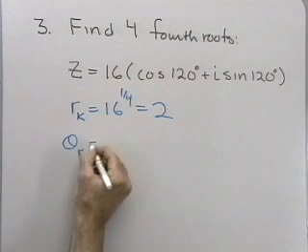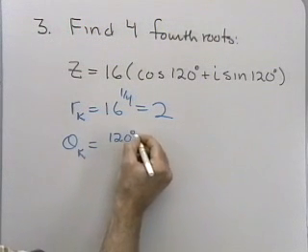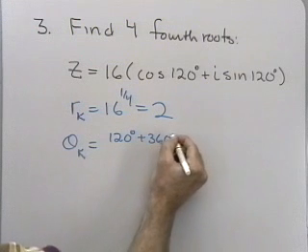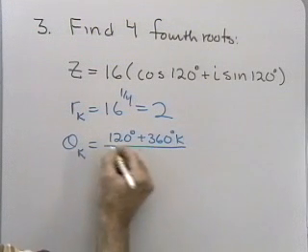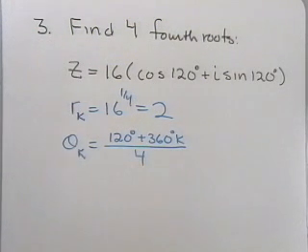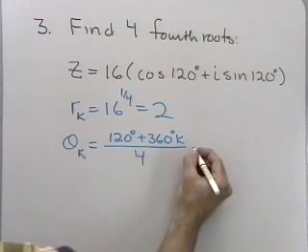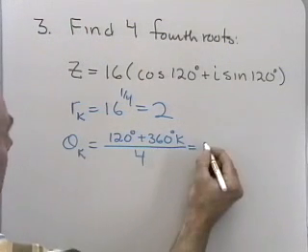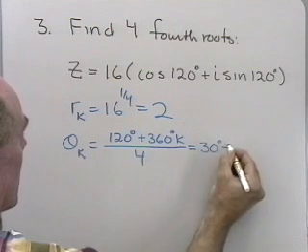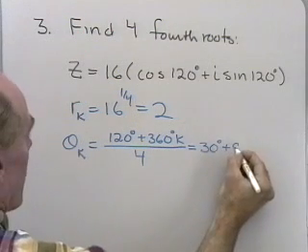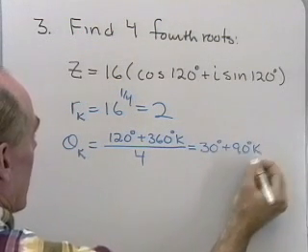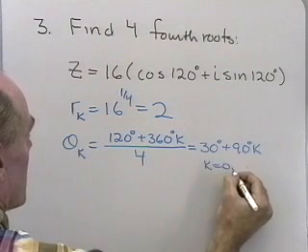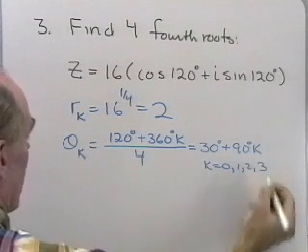Theta sub k will be 120 degrees plus 360 degrees times k, all divided by 4 in this case because I'm looking for 4th roots. Now let's do that division. 120 divided by 4 is 30 degrees, plus 360 divided by 4 is 90 degrees, times k, where k is equal to 0, 1, 2, and 3.